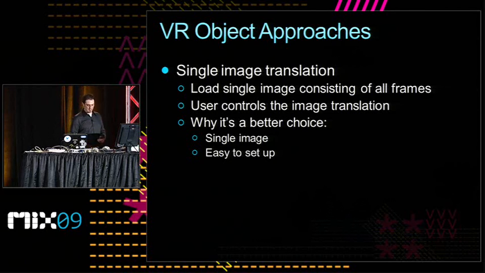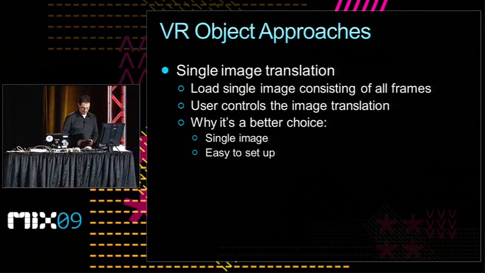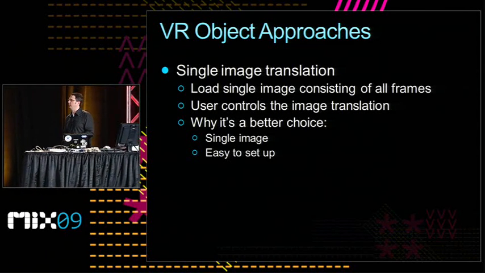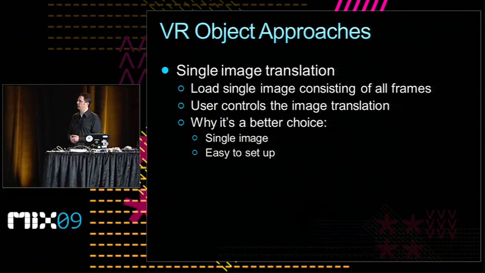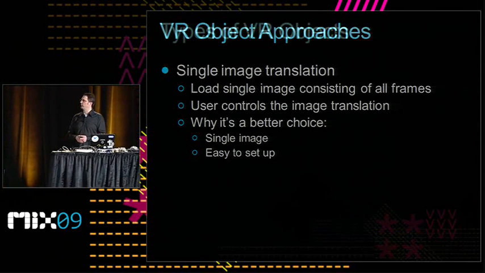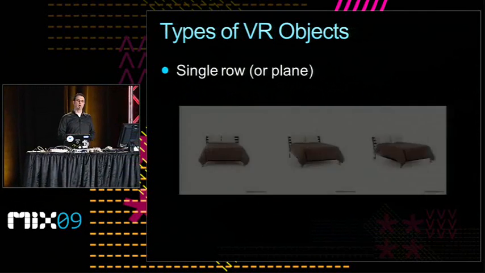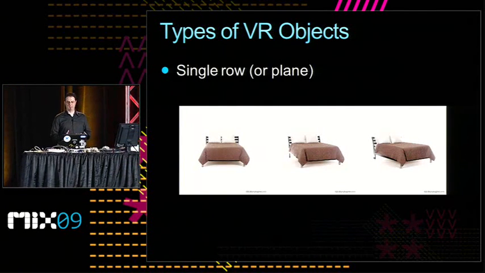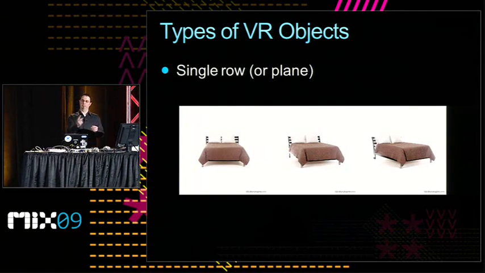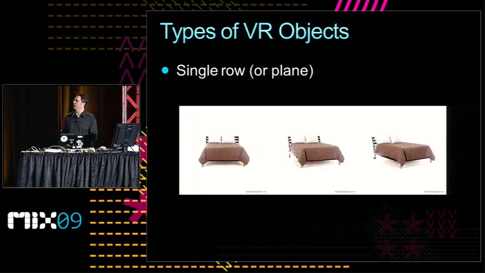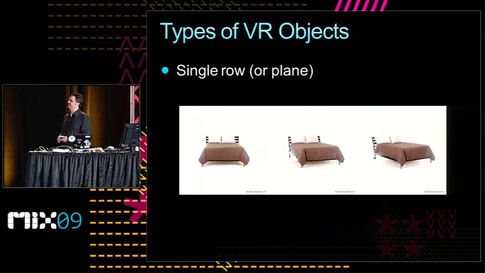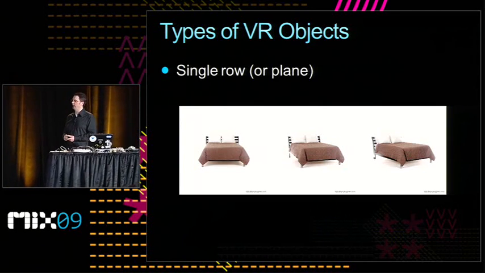Now, when we talk about VR objects, there's actually two different kinds out there, and you may not realize, if you've seen them before, that there's a big difference between them. The first is a single row or single plane object. Basically, what this encompasses is some number of frames that rotate your object anywhere from, maybe 90 degrees on up to 350.